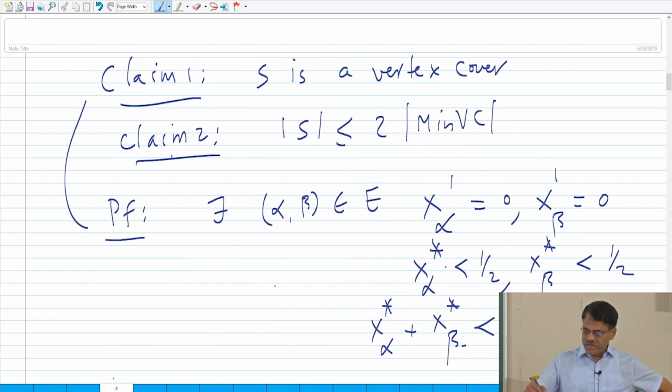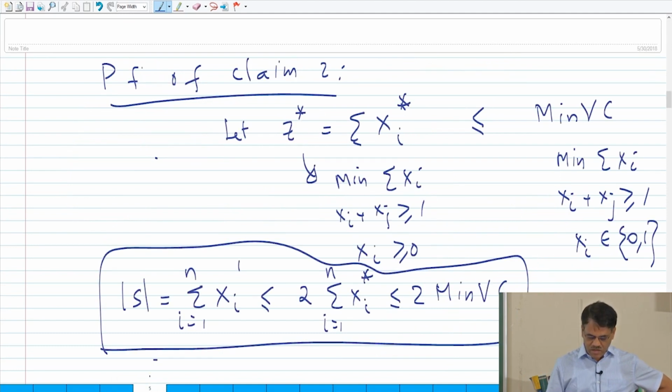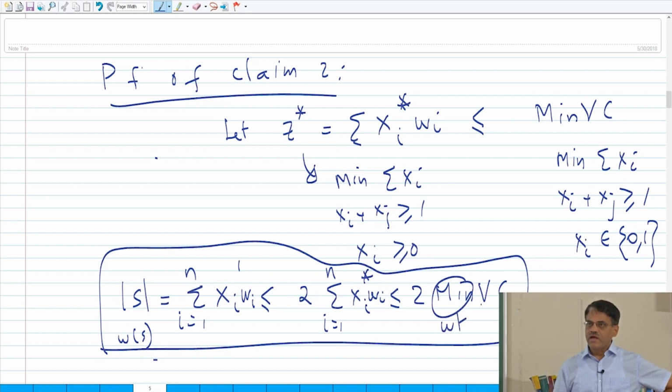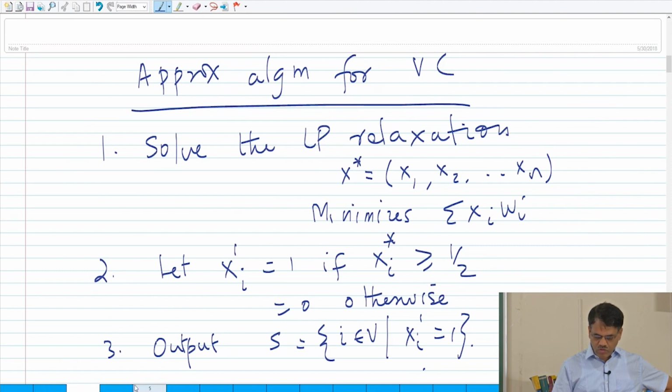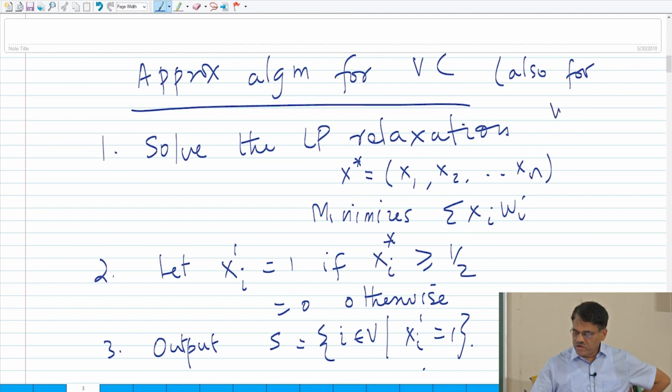Now, the argument that S is a vertex cover will follow, and to show that, not the cardinality of S, but now I want to show that the weight of S, which is summation Wi into xi prime, xi prime is at most Wi xi star. Everything remains the same. You can just go back and do the whole thing, so also for weighted vertex cover.